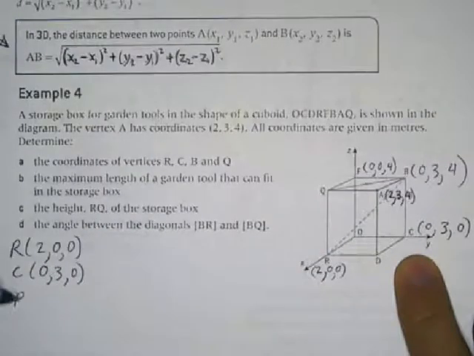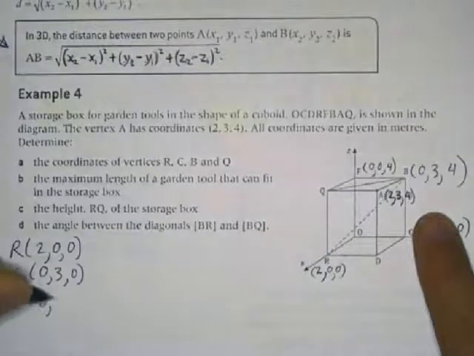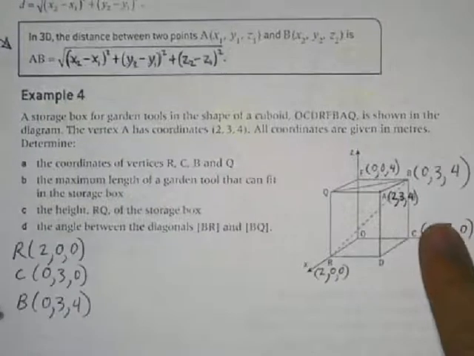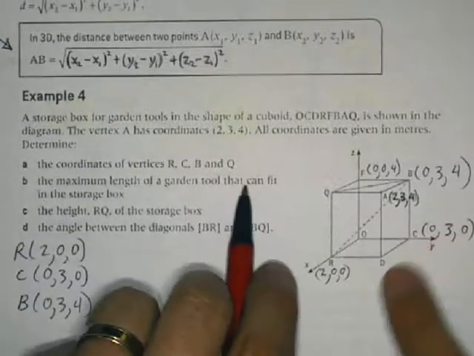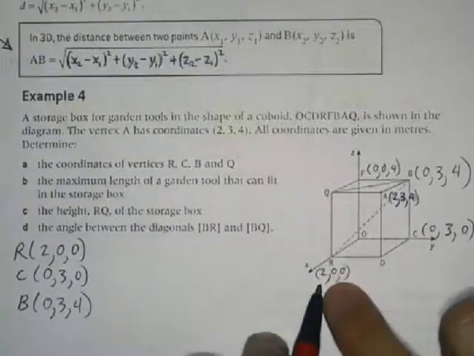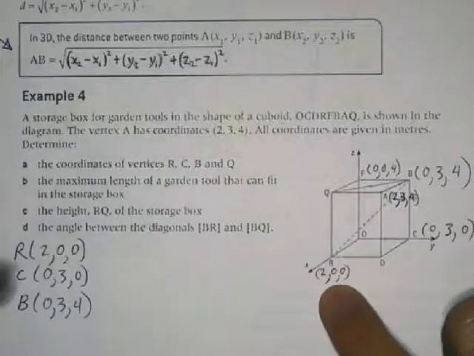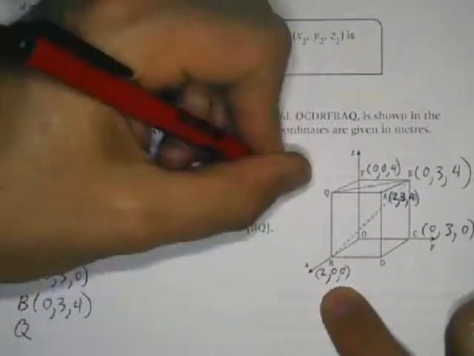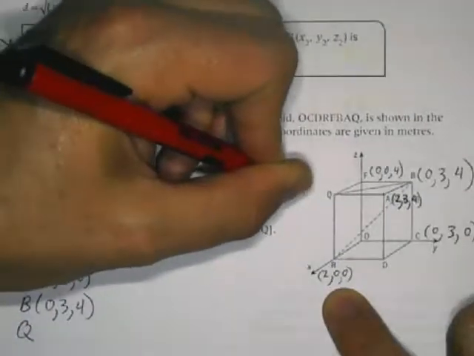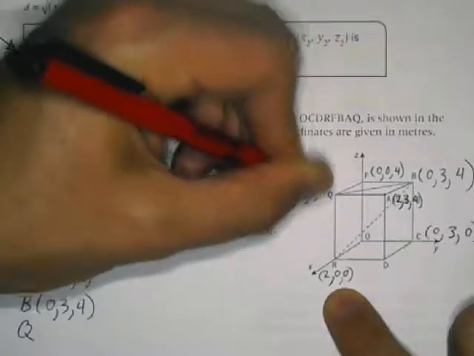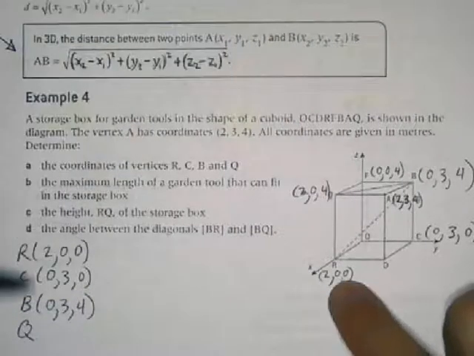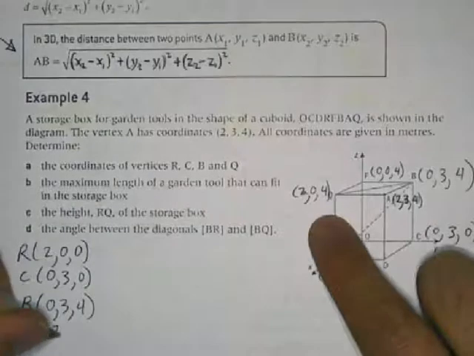So B is 0, 3, 4. And Q. Q is the same as R, except it's shifted up 4. So Q is 2, 0, 4.